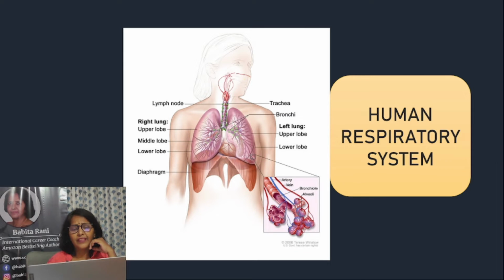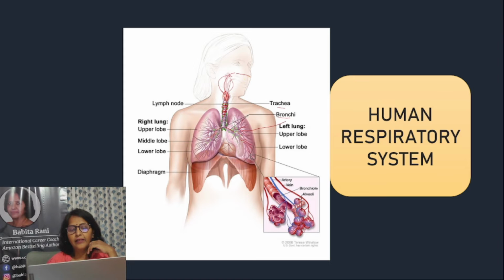This is surrounded by, you can see, a ring of cartilage that protects the trachea from collapsing. Some air is always present inside the trachea because of these rings of cartilage. This trachea is divided into one on this side and one on the other side, which is known as bronchi, and the bronchi is further divided into, you can see these branches, which are known as bronchioles.